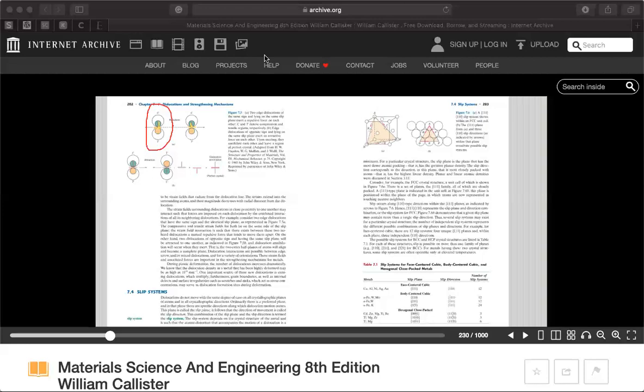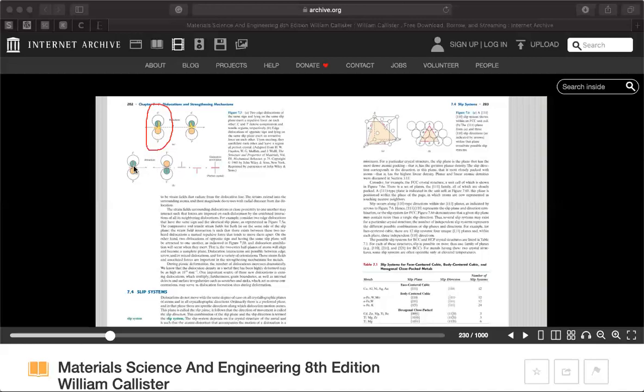Because if these two dislocations with the same sign come closer to each other, the resultant compressive field on the top of the dislocation will be higher. The tensile will be higher, right? So that means we are increasing the energy of the system in a certain region, and this is not preferred. So what's going to happen if two dislocations with the same sign see each other? The result will be a repulsion force between them. So they will try to push each other away.